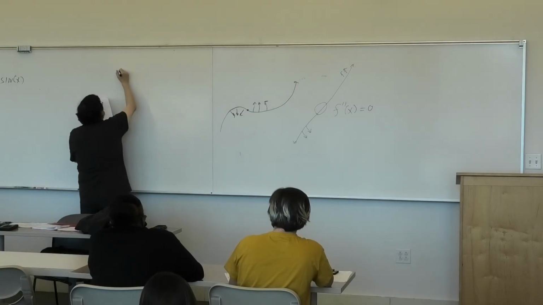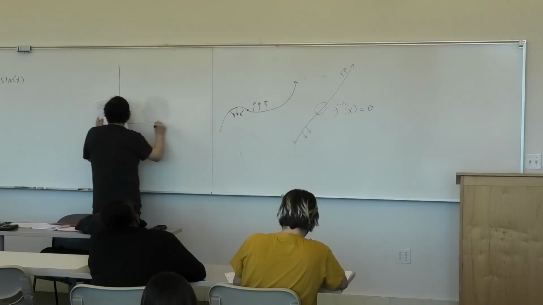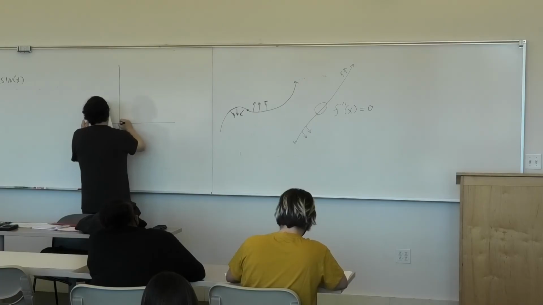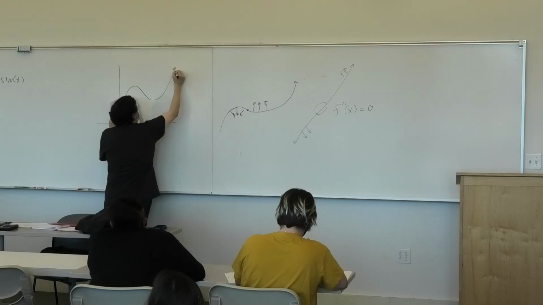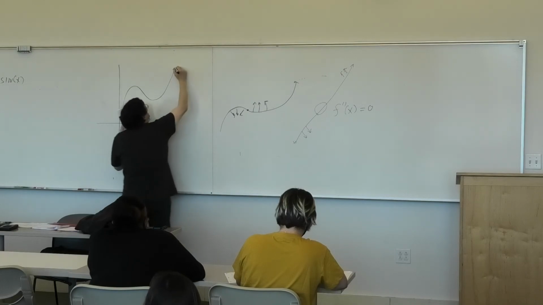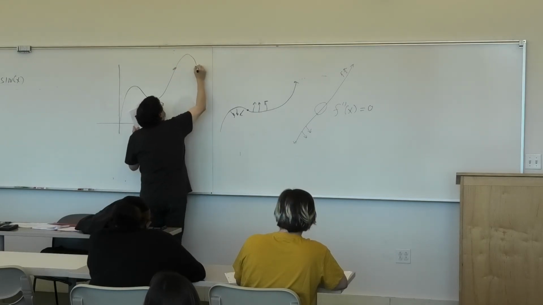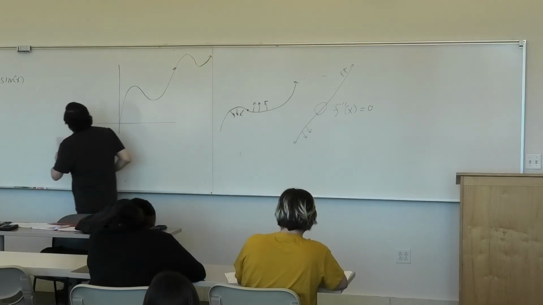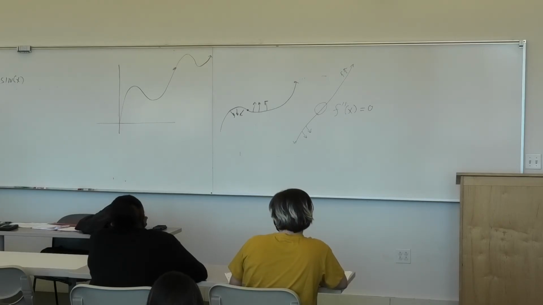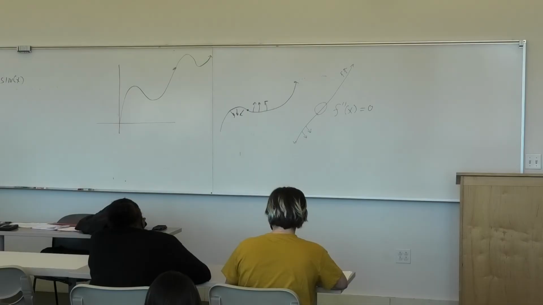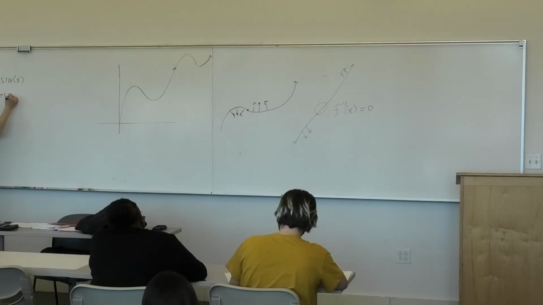And without going through all the work, let's take a look at what it's going to look like initially. It's going to do something like this over here. So let's see how this whole stuff applies. So the first thing we want to do is find the derivative. So the derivative is 1 plus 2 cosine of x.